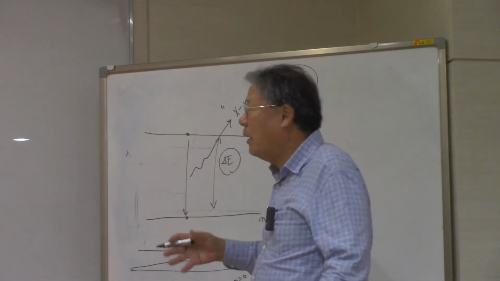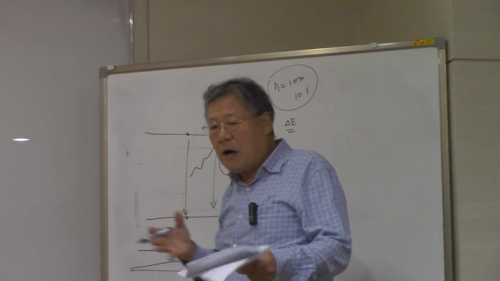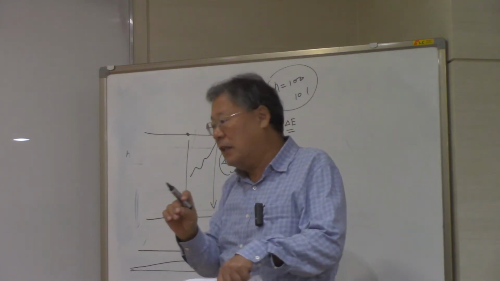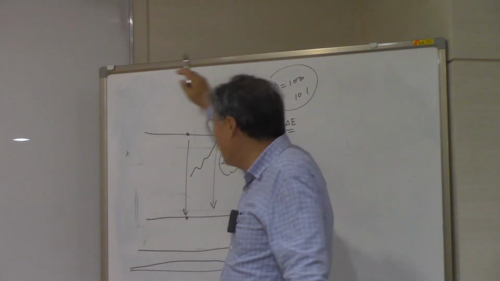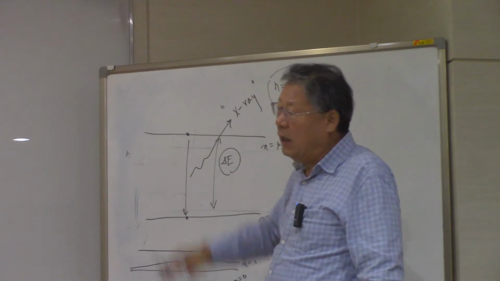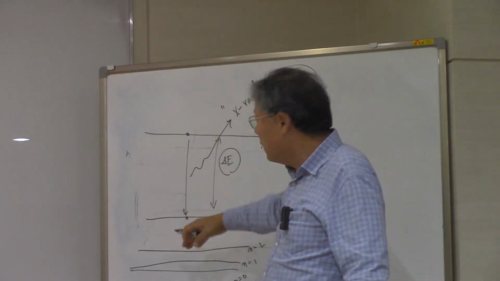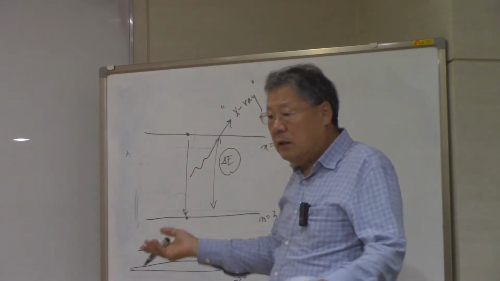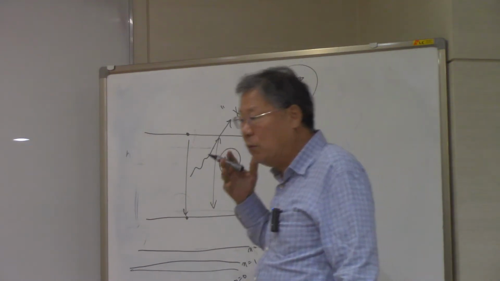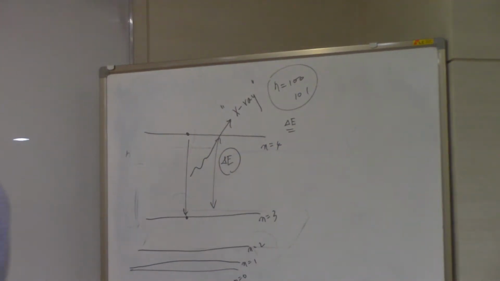That is what happens when you have a copper, you apply the electric field, and excite the surface electrons to the high energy levels, and then those electrons, when they turn back, they'll emit the X-rays. That's what we use in the X-ray machine.